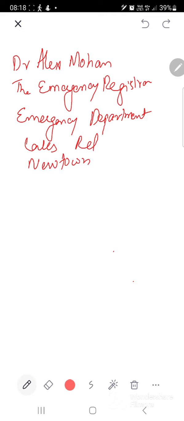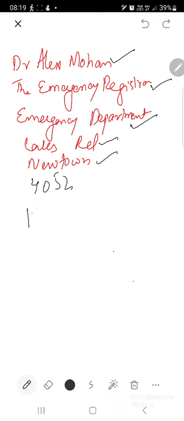The address can be written in this format: the name of the person to whom you're writing this letter, the recipient name, the designation if it's given, department, street or road address, and the city. And if there is a postal code, we can also write it down.